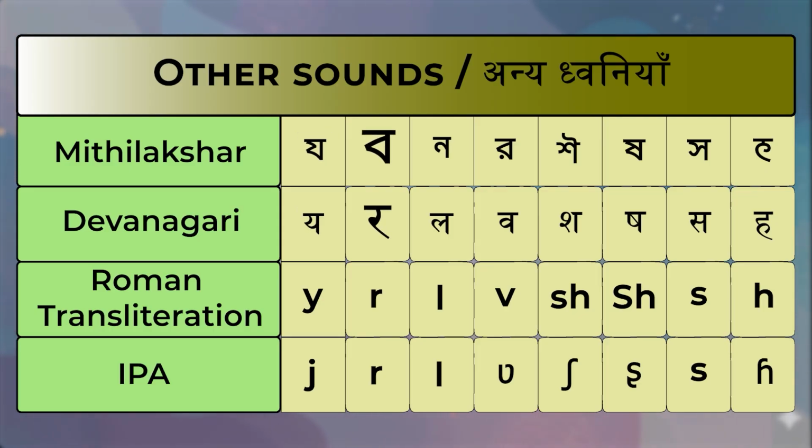This is Ra. This is La. This is Va. This is Sha. This is Kha. This is Sa. And this is Ha.